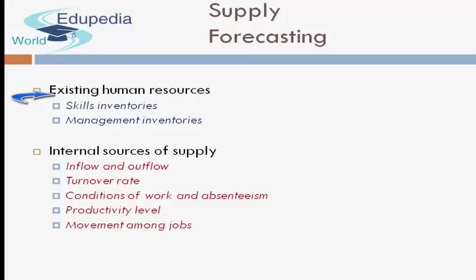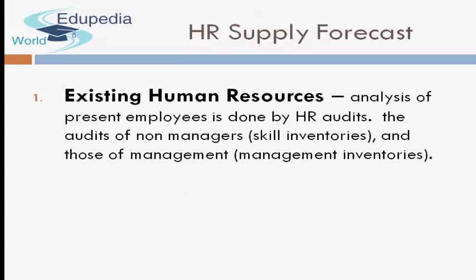Whatever number of employees you have right now, what kind of skills they have, what kind of skills the management has. Keeping this in mind, it is anticipated whether, if some additional skill is required by the organization in the future, the current employees can be trained, or whether you need to hire employees from outside.